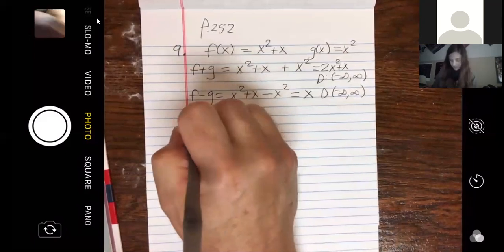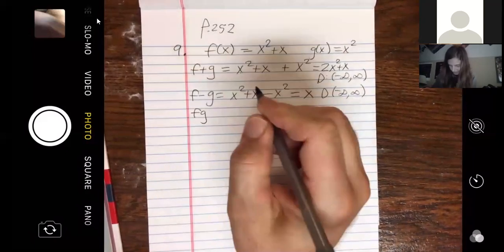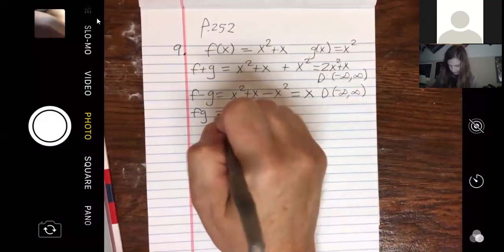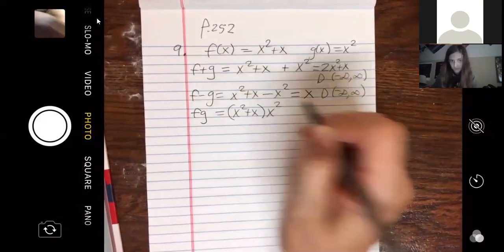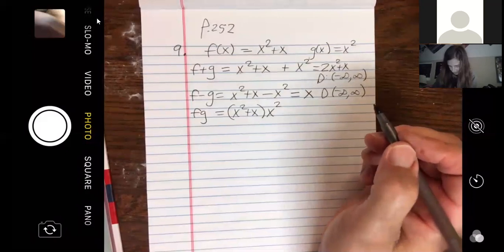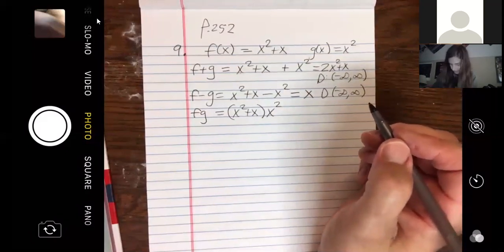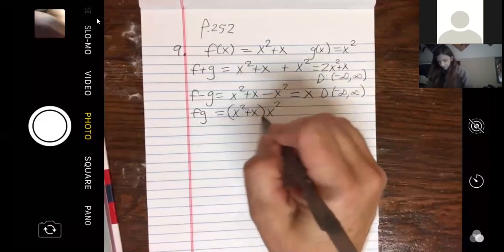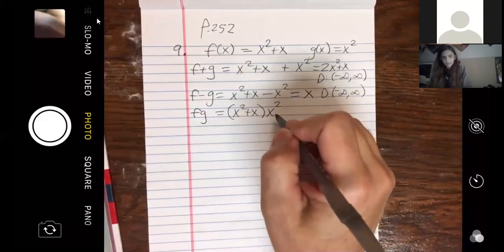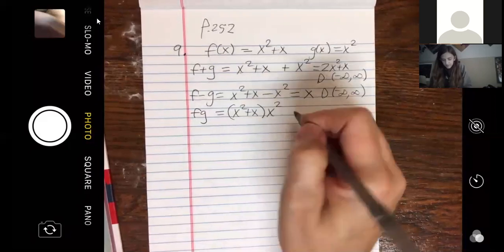f times g would take x squared plus x, so we'll put it in parentheses, and multiply by x squared. Now, you could leave this alone. If there was something else here, I probably would. I'm going to go ahead and distribute it.